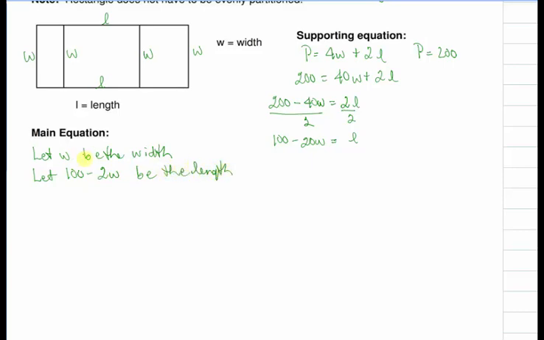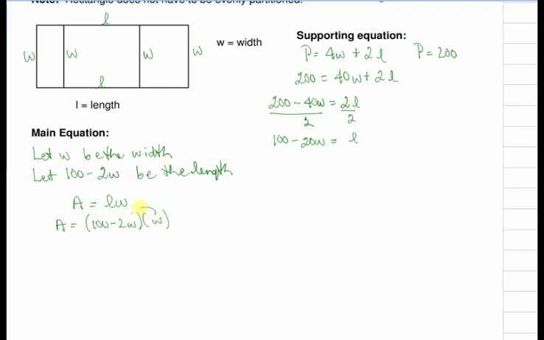Okay, so remember that your width and your length should be expressed using the same variable, and in this case I chose W. So our formula for main equation is area of a rectangle, so length times width. Don't know what the area is, but we do have an expression for the length, which is 100 minus 2W, and my expression for the width is W.